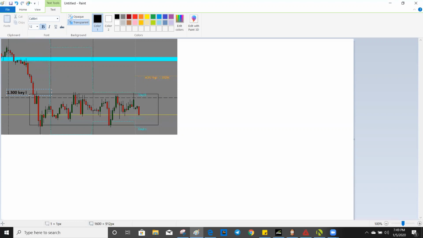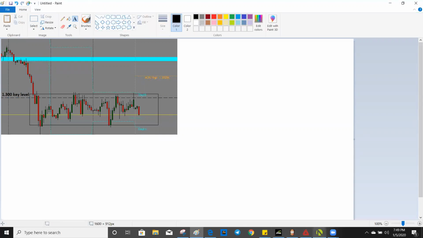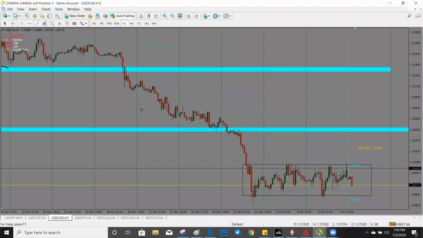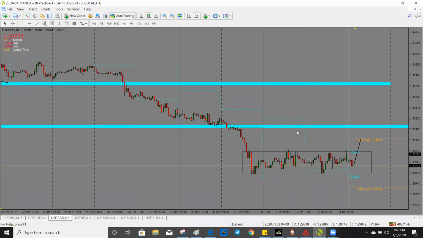When it comes to trap trading, we know that it all depends on how it will break out. For example, at London Open or New York Open, if we see a break to the high, we'd be looking to sell because more than likely this would bring a lot of liquidity to the downside.